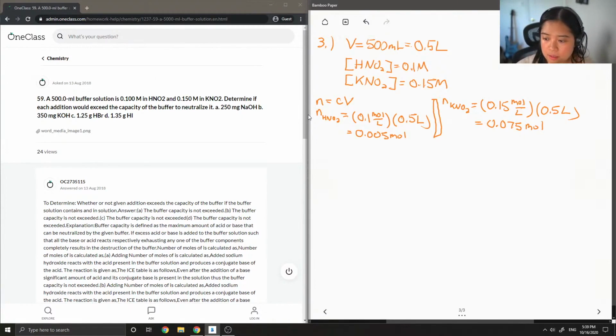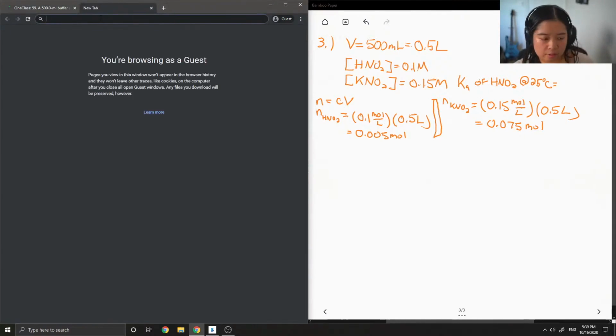Okay, another important thing that we want to find out is what value is the Ka. So this is a constant that's given to you, and it depends on what the acid is. So I'm going to look up what the Ka value of HNO2 is at 25 degrees.